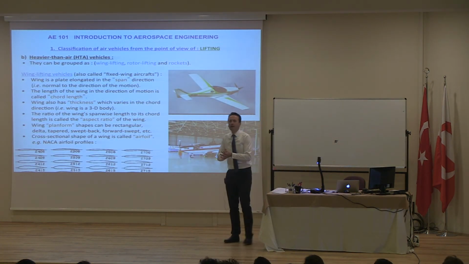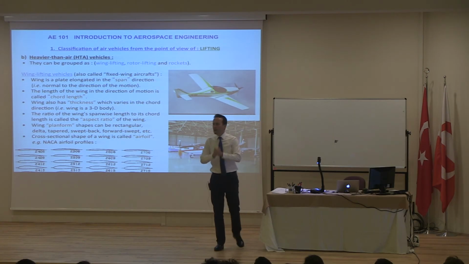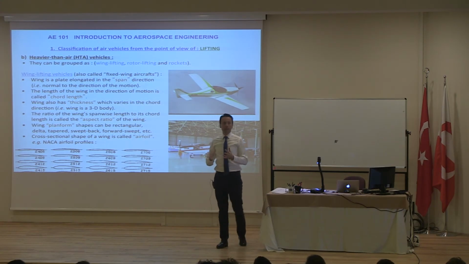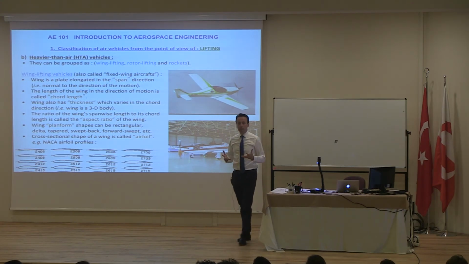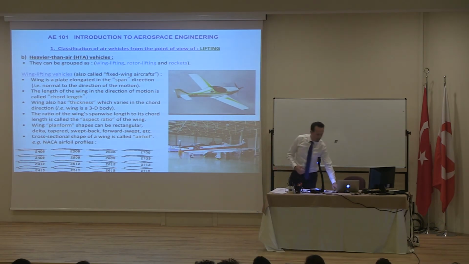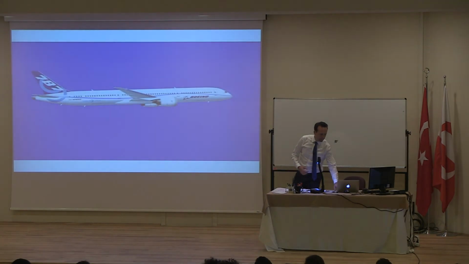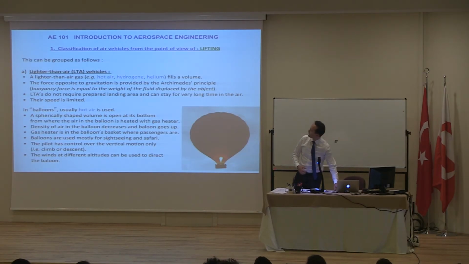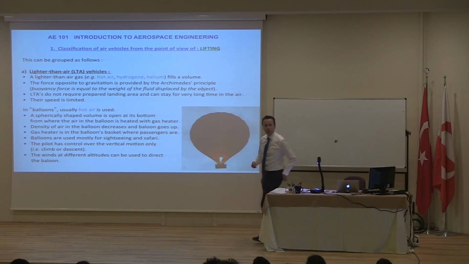Heavier than air vehicles. Airplanes we call heavier than air. Because if you had a balloon that was lighter than air, you could actually still fly, but it's a different concept. Lighter than air vehicles.